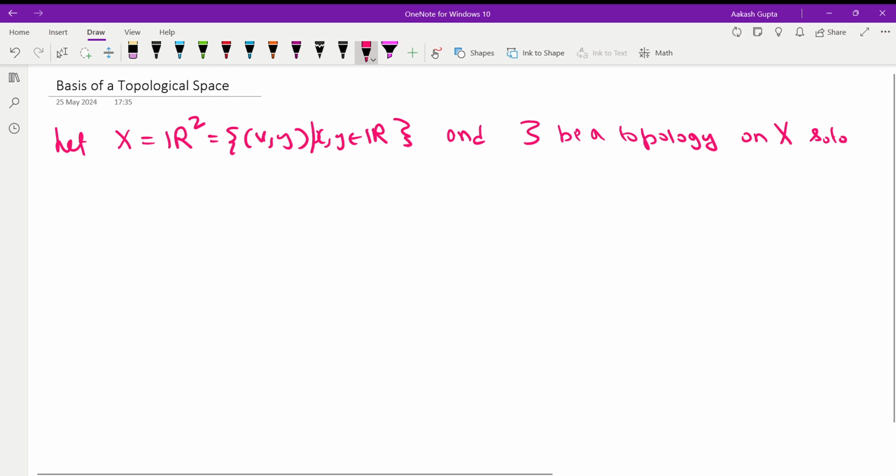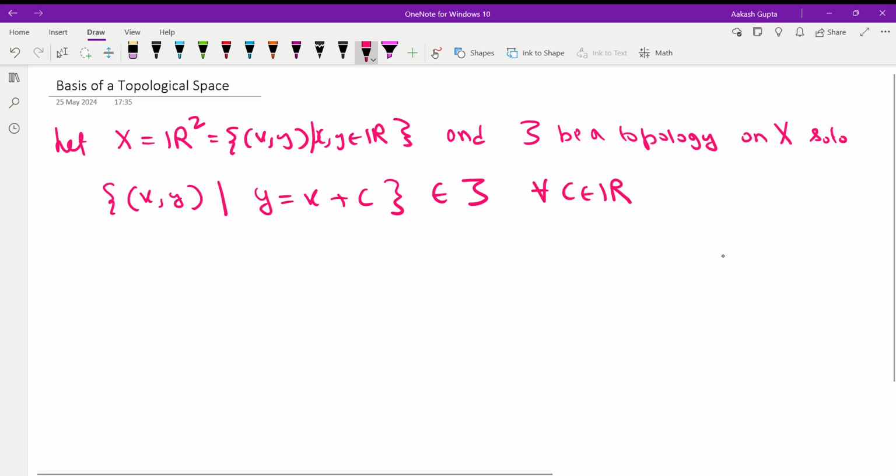The set of all (x, y) such that y equals x plus c belongs to tau for every c in R, as well as all points (x, y) such that y equals minus x plus c.